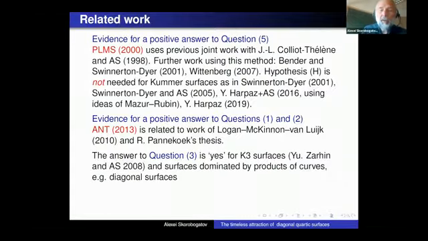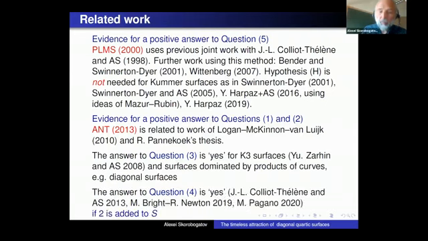And finally, the question about the structure of the Brauer-Manin set also has a positive answer. After the initial work of Colliot-Thélène and myself, a recent exciting work of Martin Bright and Rachel Newton on the subject has provided a completely new approach to this.